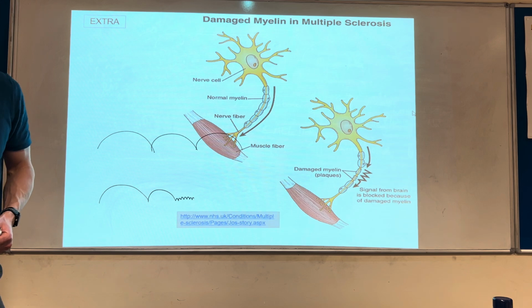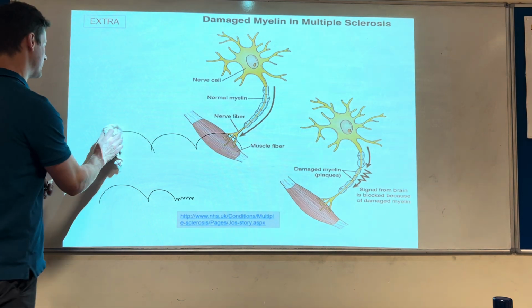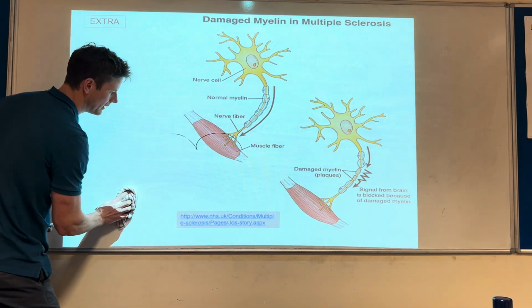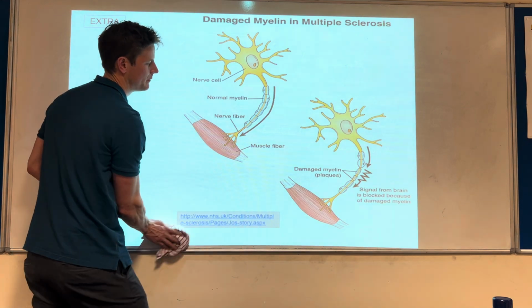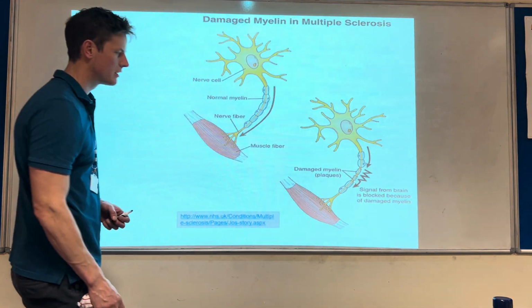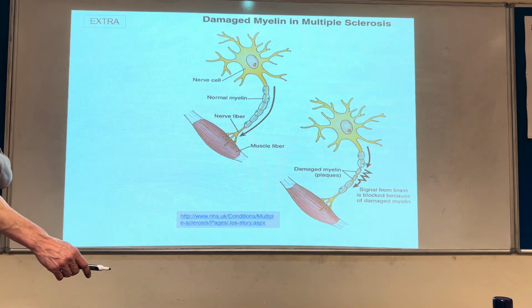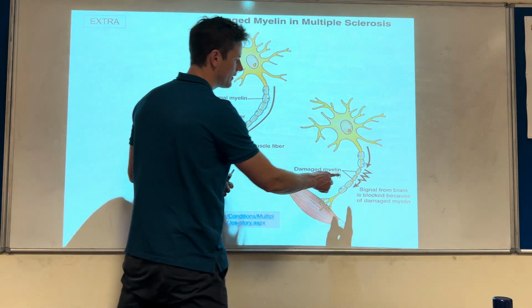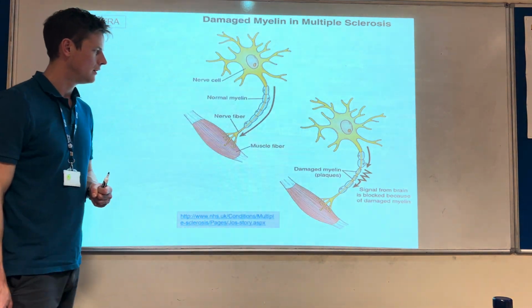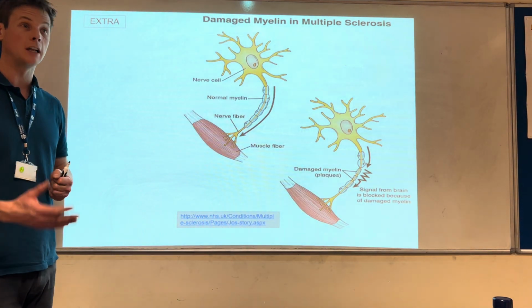Okay, so we see this in multiple sclerosis, where the myelin sheath can be damaged, and plaques build up on the myelin sheath, which damages it, meaning the speed of transmission becomes slower.